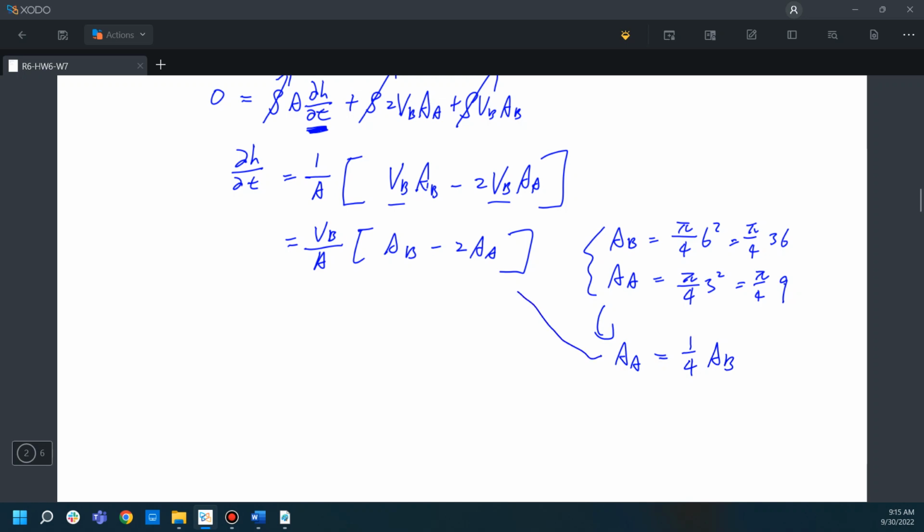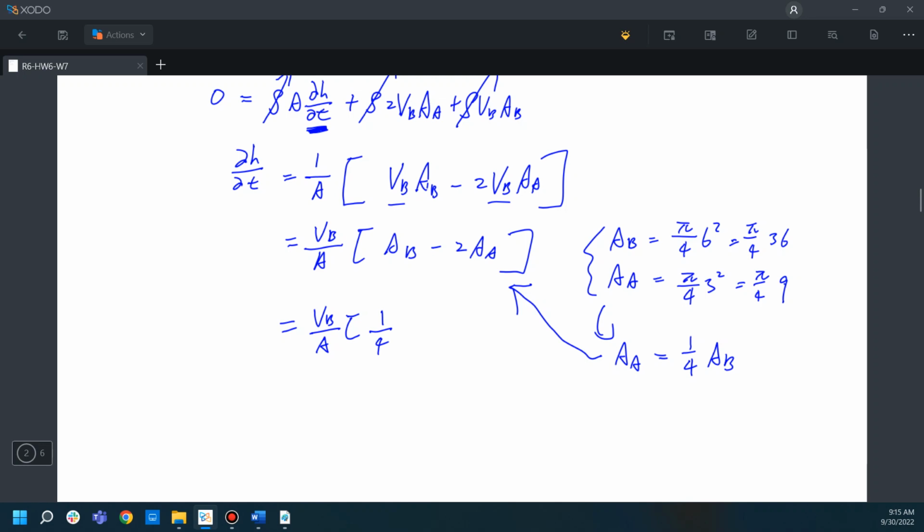So we apply this relationship to this equation and we further write it down, and this becomes VB divided by A. This is A, 1/4.